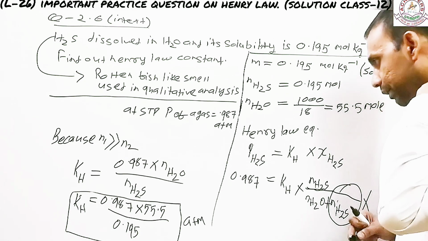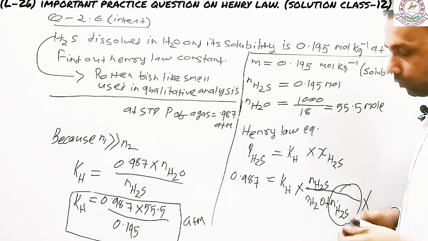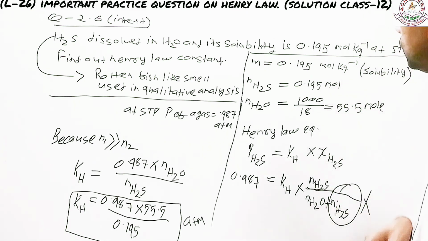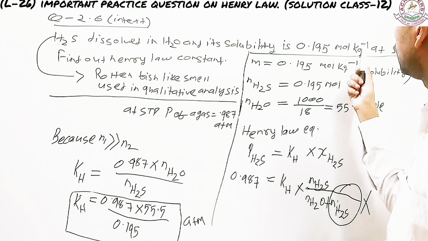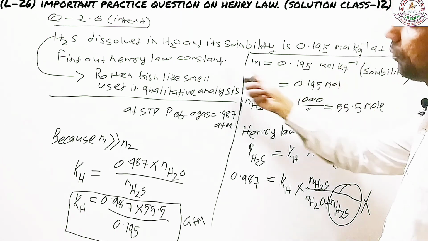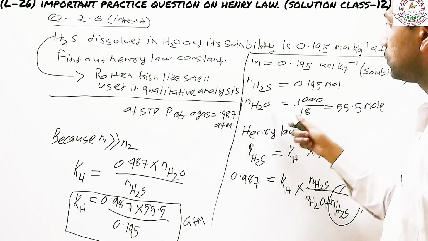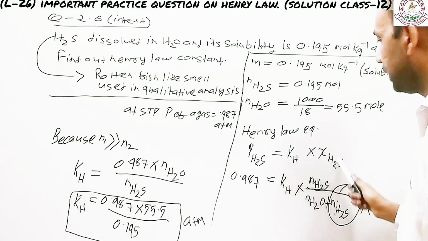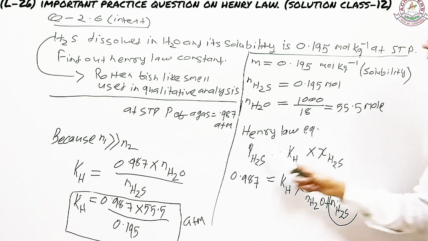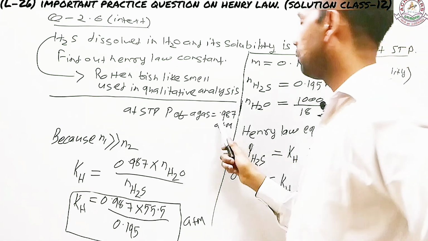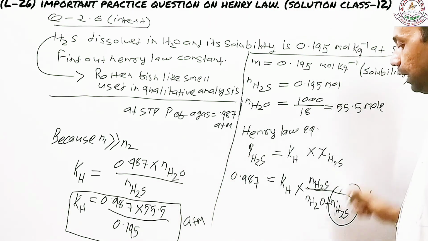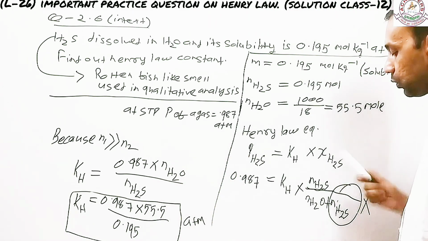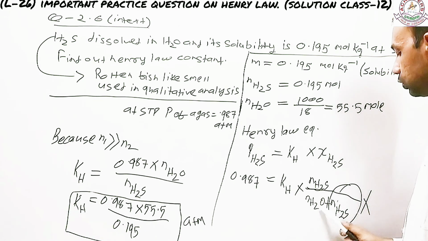Let me repeat it right here, and then I'll be winding this video off. As per the question, hydrogen sulfide is dissolved in water at STP. Its solubility is 0.195. You have to find out the Henry law constant. As per the equation, Henry law says P equals KH times X. So we need P and we need X. P for any gas at standard condition is 0.987. So we have pressure 0.987 equal to KH, and then X represents the number of moles upon total number of moles, so nH2S upon nH2O plus nH2S.